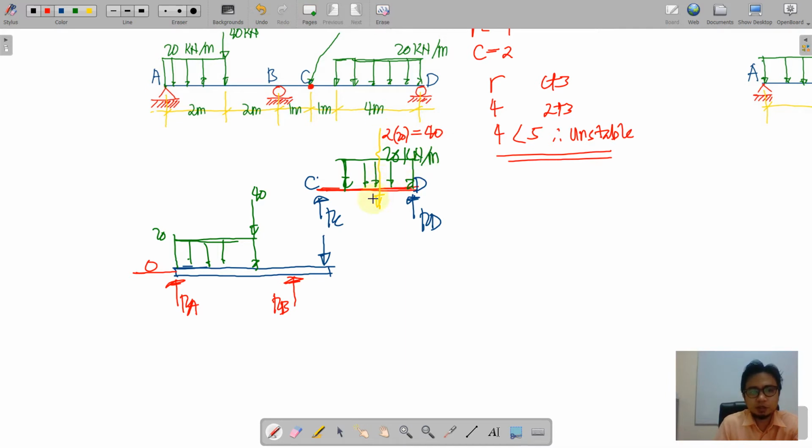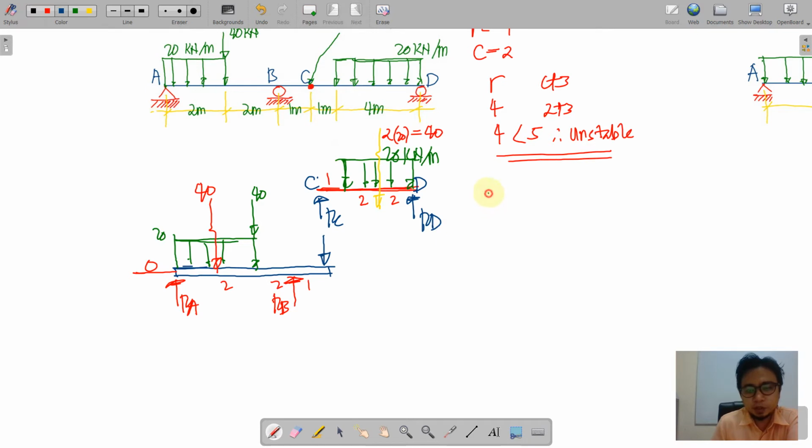Okay, so we have here a 40, and then also here we have 20 times 2, that is also equal to 40. So we place now the distances. This is 2, 2, and this is 1. This is 1, 2, and this is 2 meters.